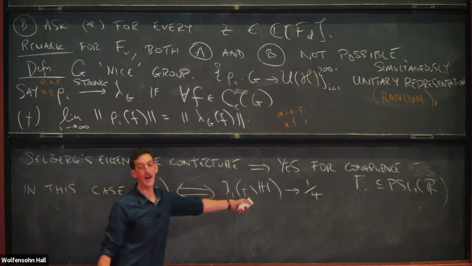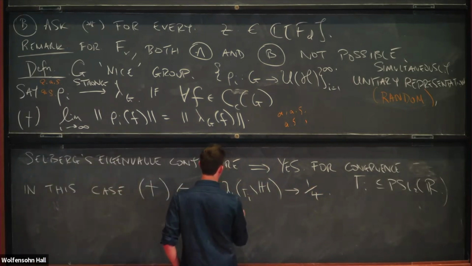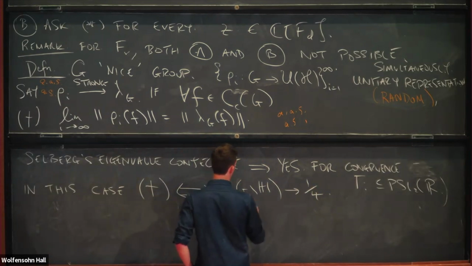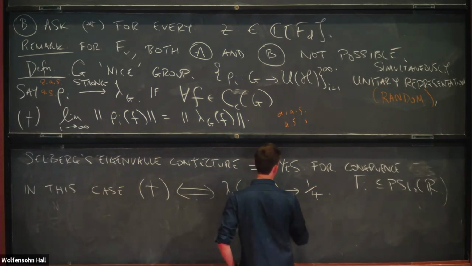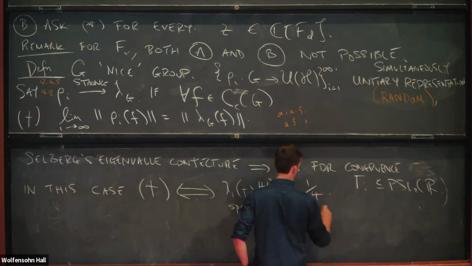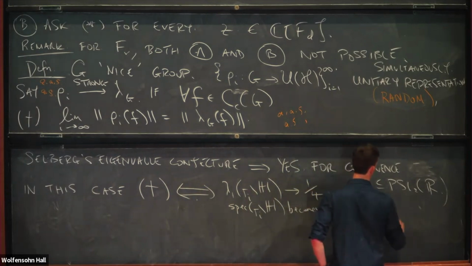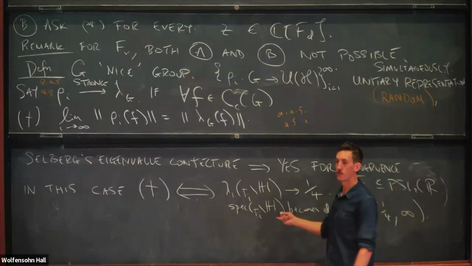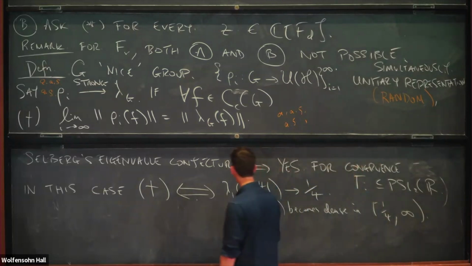But to go back, you should add that the spectrum of H mod gamma_i becomes dense in [1/4, infinity). And then there's something else that doesn't happen for free groups: the discrete series should all appear.